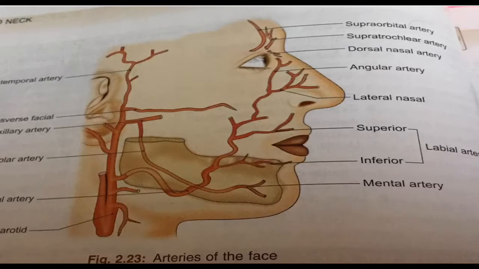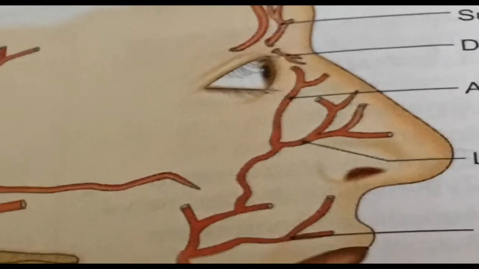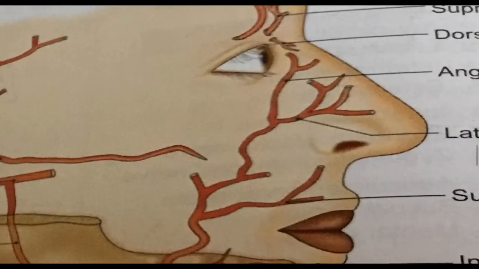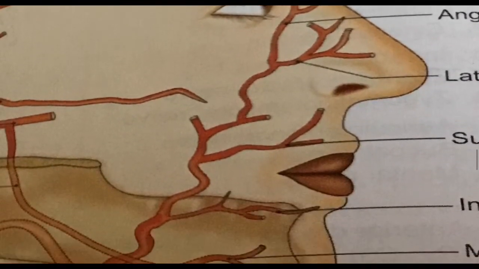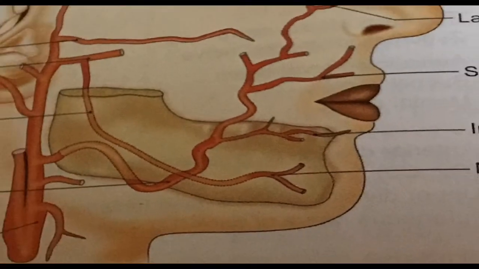So just as a superior to inferior way to remember this, you can remember it as the facial artery. It begins at the nasolabial fold towards the medial canthus of the eye, which is here, right? And then it moves beneath the digastric and stylohyoid muscles and it will pass through the submandibular gland, which is somewhere here, right?